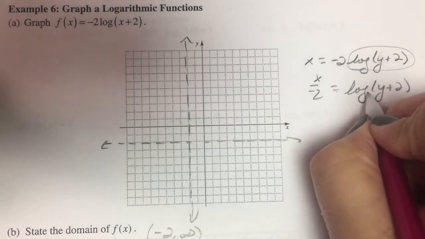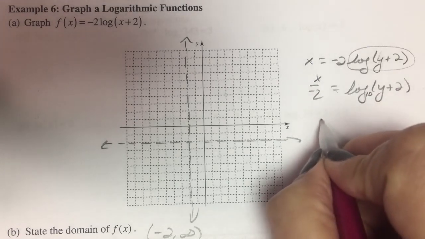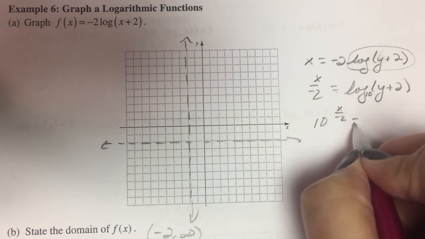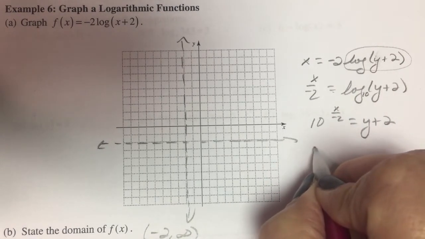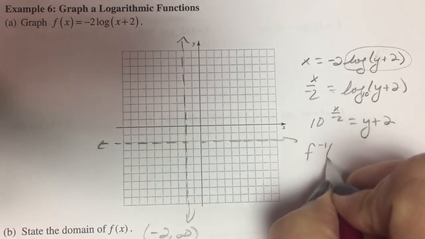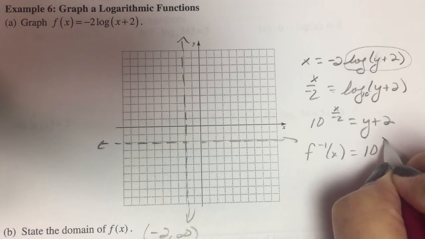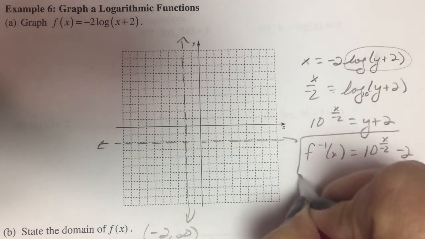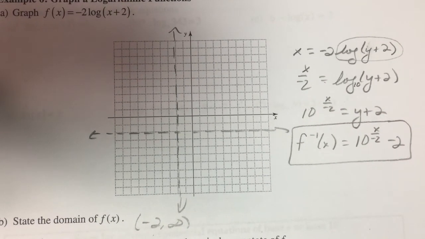I'm now going to remember that this has a base of 10. So if I use my definition, it would be 10 to the x over negative 2 is equal to y plus 2. So I'm solving for y. So y equals, or f inverse of x equals 10 to the x over negative 2 minus 2. Here is my inverse function.